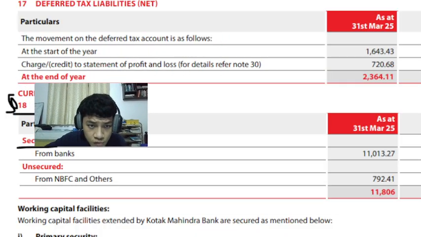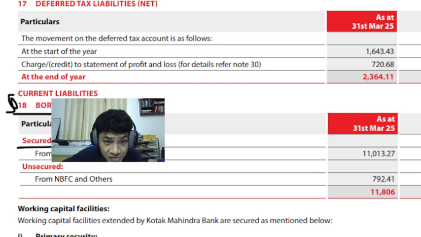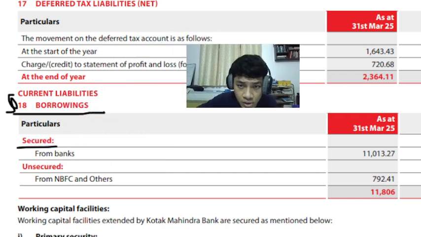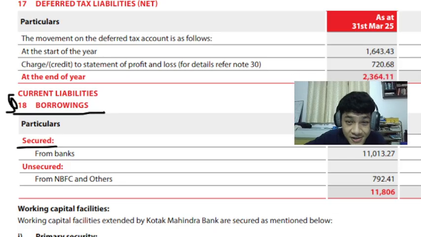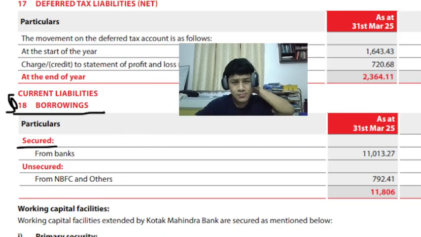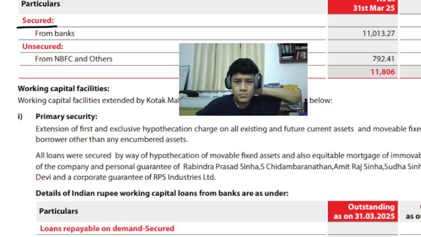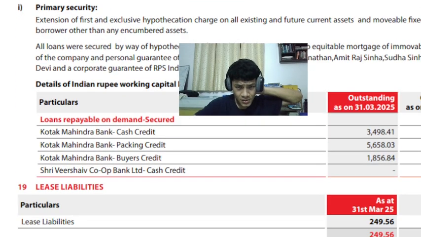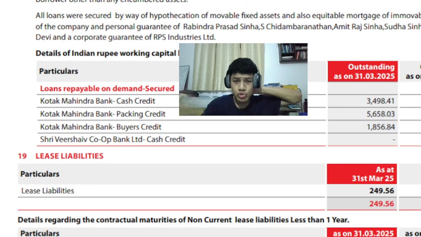We have secured loans from banks, and unsecured loans from NBFCs and others. Secured loans worth 110 crores from banks. I guess secured by some collateral, some property secures the loan. So if they do not pay back the loan, maybe the property gets seized.